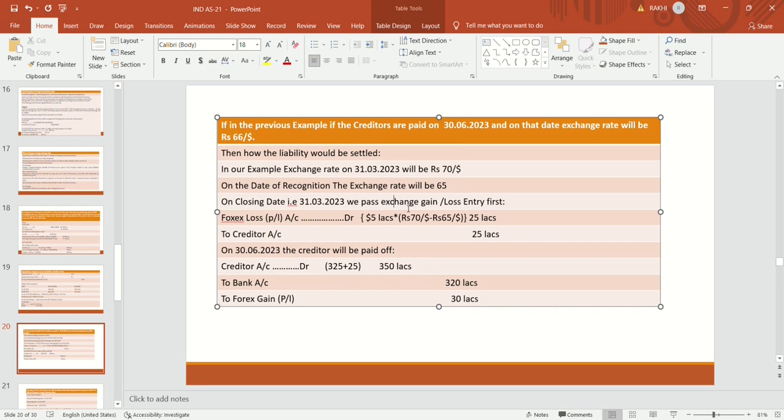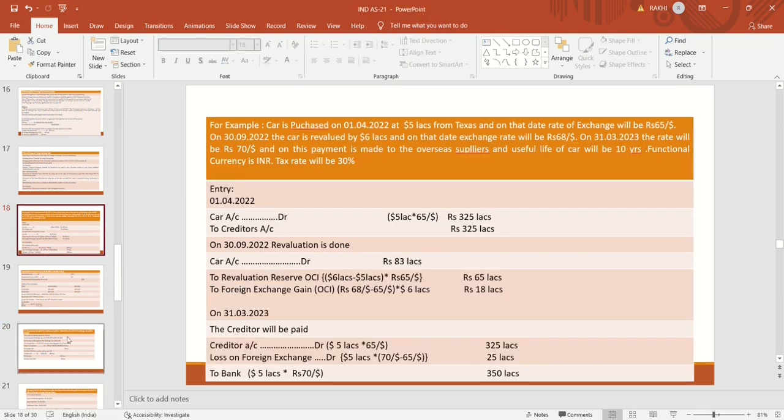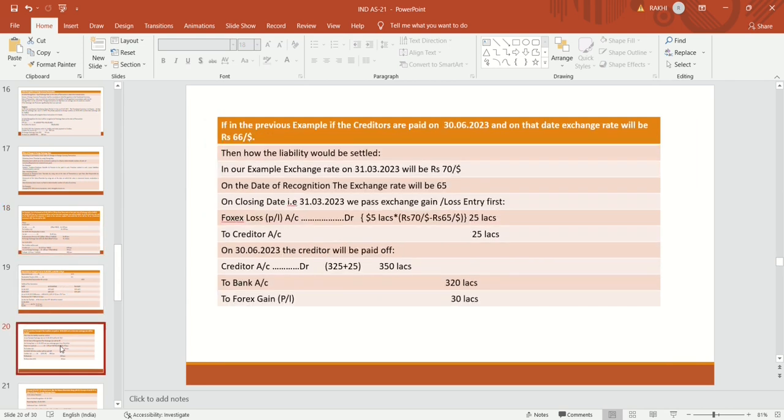Forex loss account debit 25 lakhs, to the creditor account 25 lakhs. So the creditor will be increased by 25 lakhs. Previously the creditor was 325, now it has increased to 350 lakhs. On the reporting date, the creditor will be 350 lakhs.